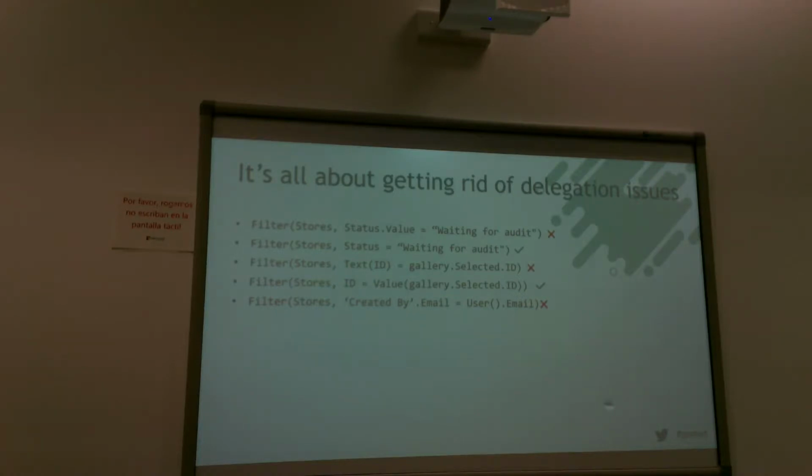But what you can do, of course, is when you save or update your items, have your own text columns there, and store the email address, GUID or username of that user in that plain text field. And by using that field, you can do the filtering without the delegation problem.